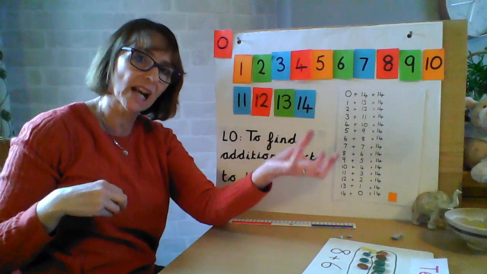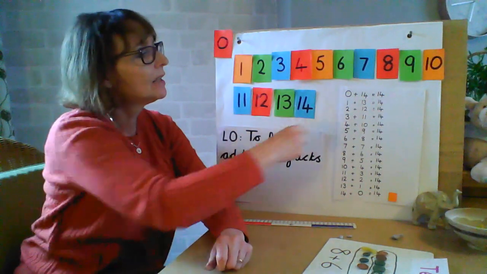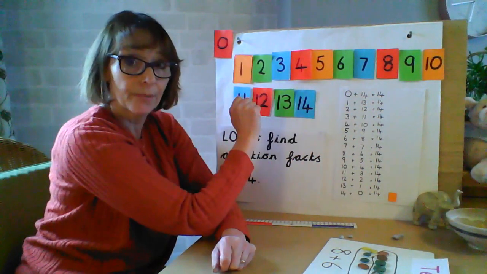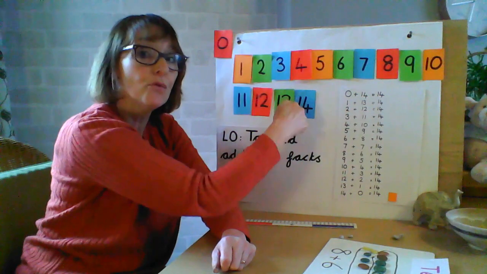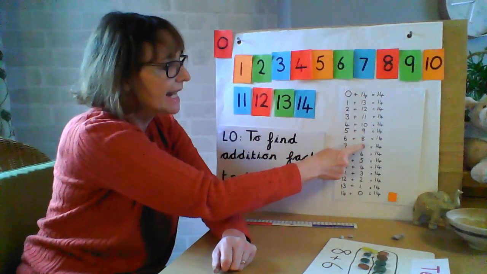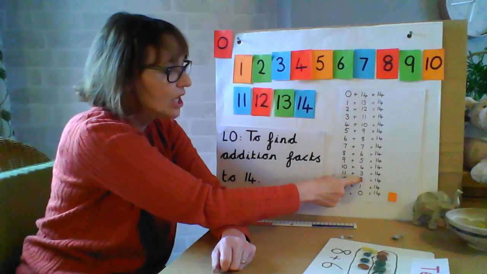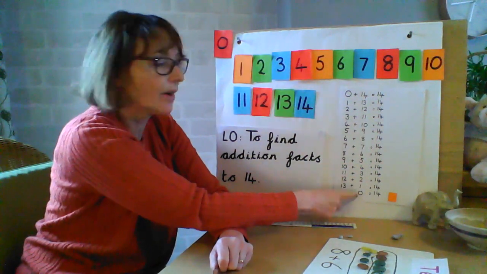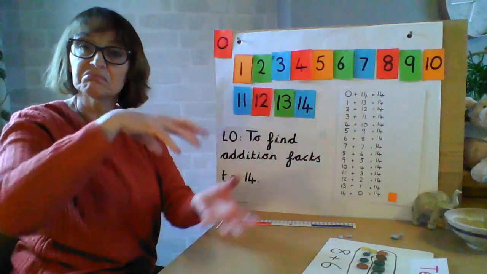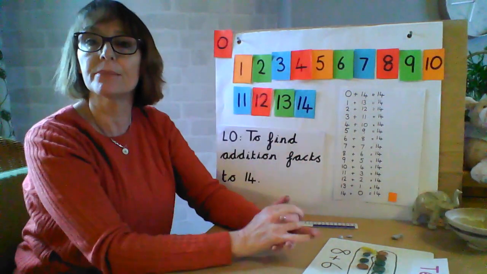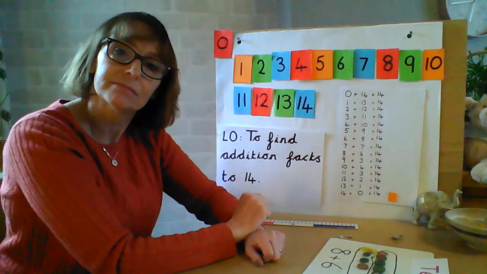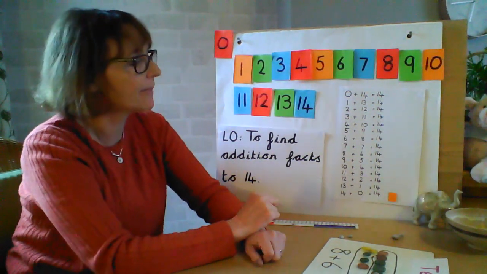So I'm having one less in that each time, which is why my second group is getting smaller by 1 each time, because I've moved it across. 14, 13, 12, 11, 10, 9, 8, 7, 6, 5, 4, 3, 2, 1 and 0. And 0 and 14, 14 and 0. It's a switcher, isn't it? It's the other way around. Okay, so those are all the ways that you can make 14.